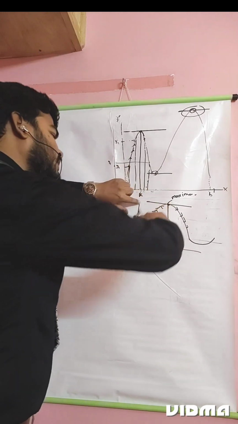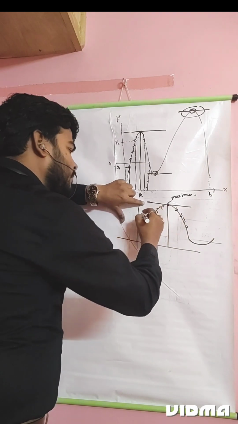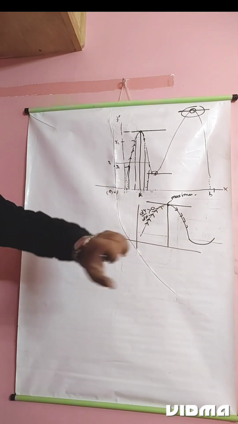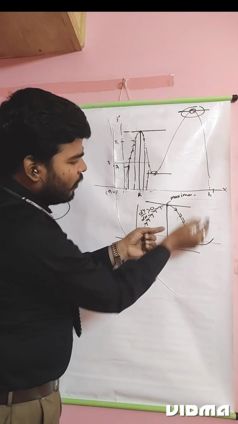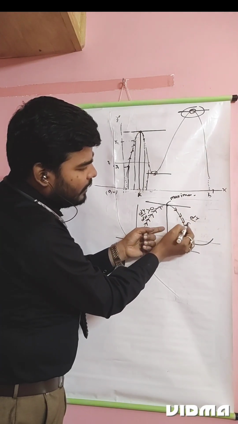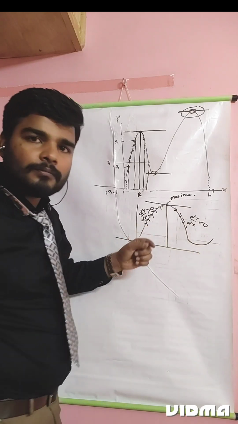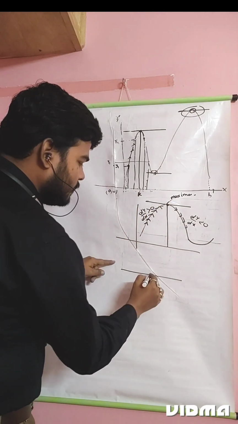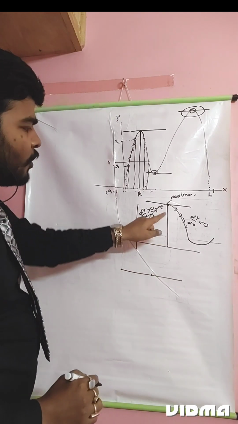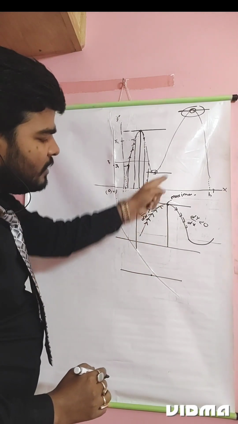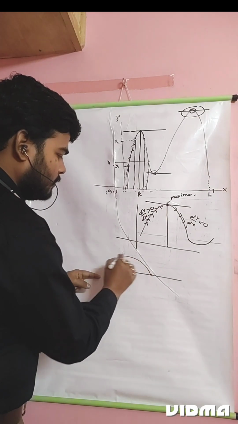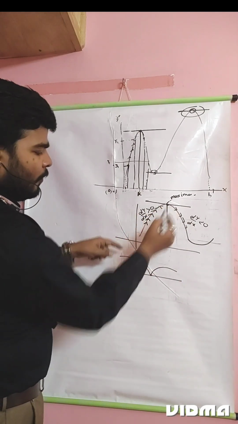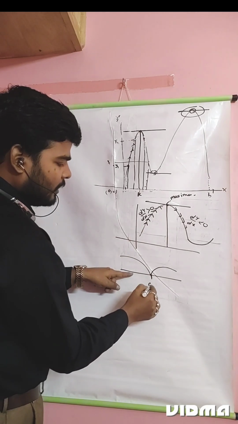For an increasing function, as we recently discussed, dy by dx is greater than 0. And for a decreasing function, dy by dx is less than 0. That means before this point, the first order derivative of the function changes its sign. Suppose these are the critical points.